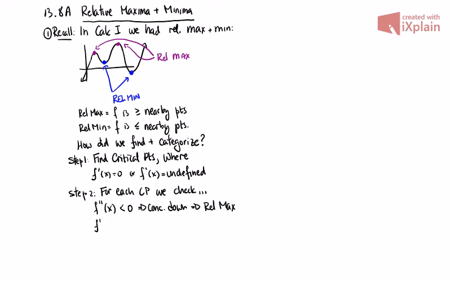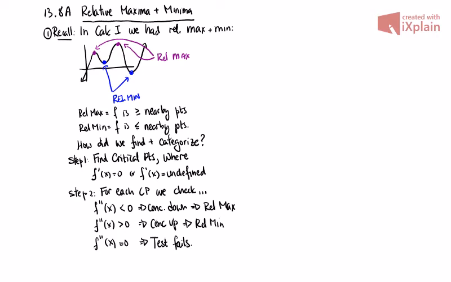And if the second derivative is greater than 0, this tells us it's concave up, and this would tell us it's a relative min. And if the second derivative was 0, then the test fails. We have to do something else, like the first derivative test. There's no conclusion.